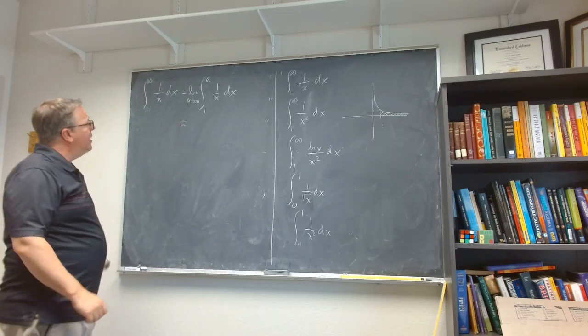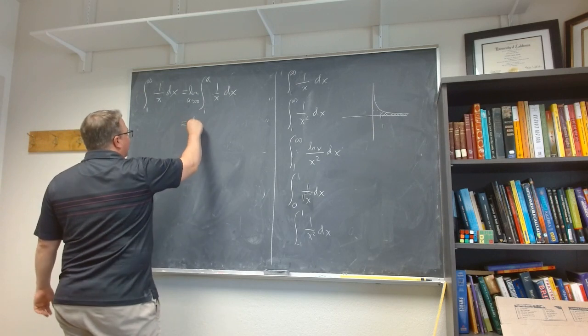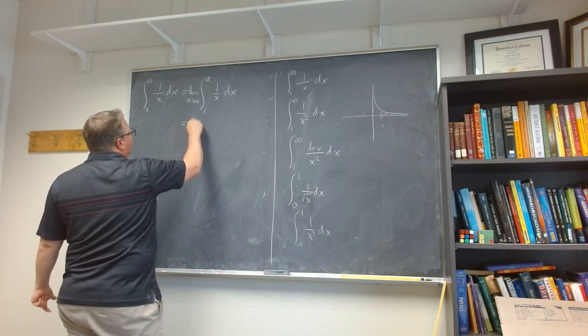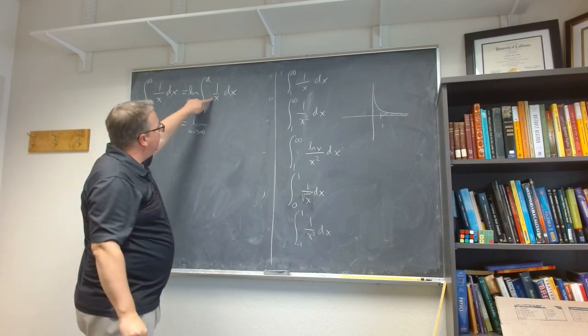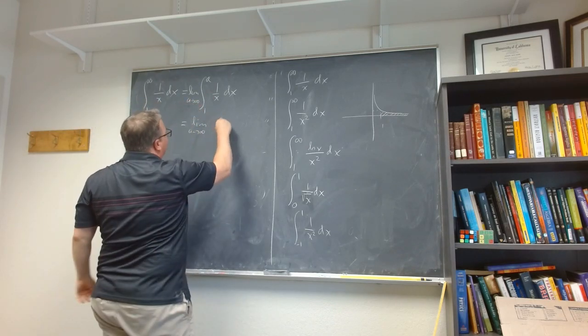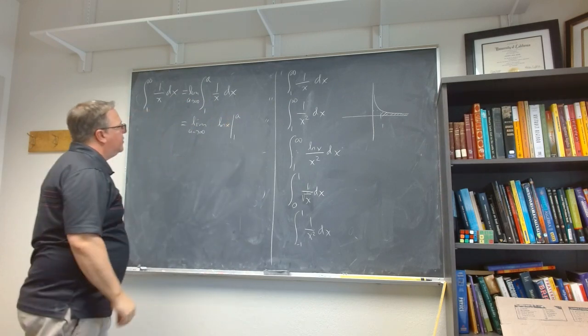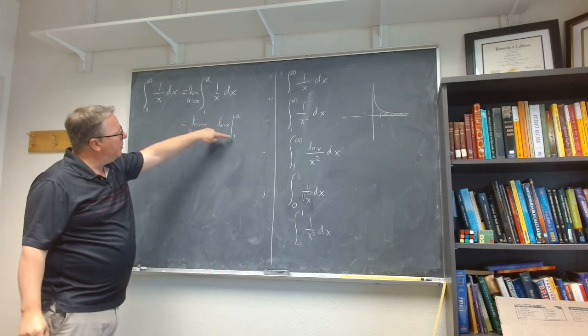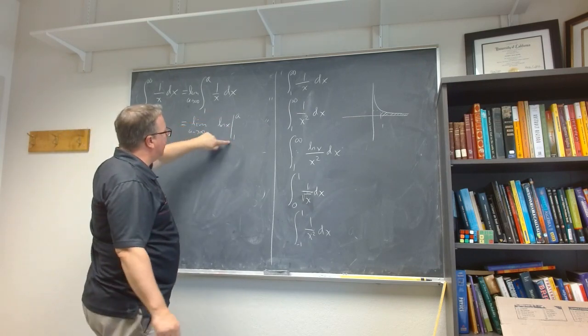Let's just do this one. We're integrating 1 over x. Great, we know how to do this. So this will be the limit as a approaches infinity. The antiderivative of 1 over x is the natural log of x, and we're going to go from 1 to a. So for proper integrals, we plug in a, and then when we subtract, we plug in 1.